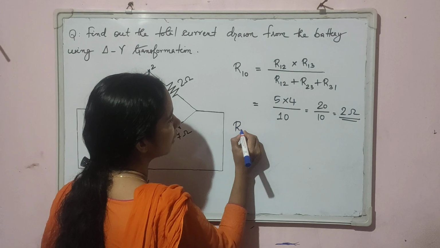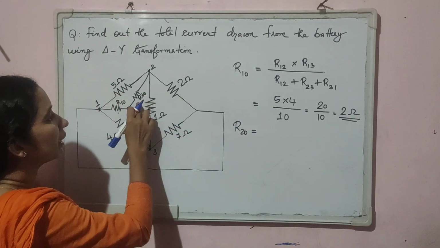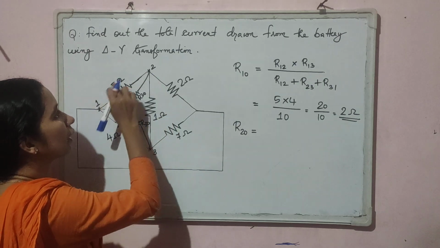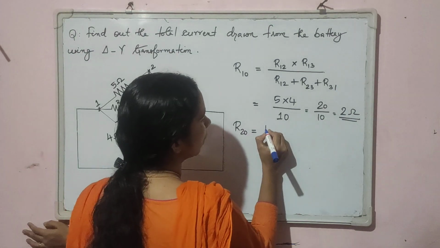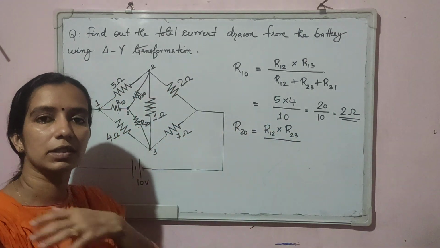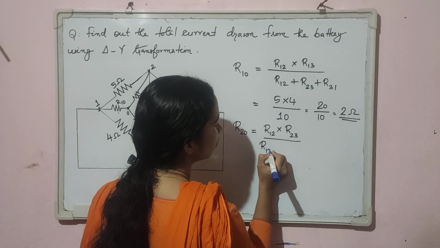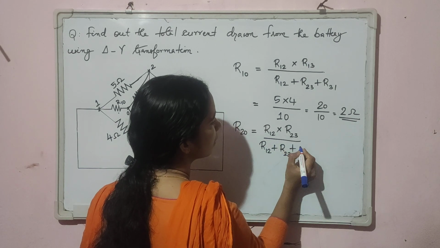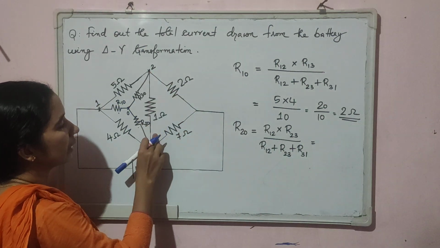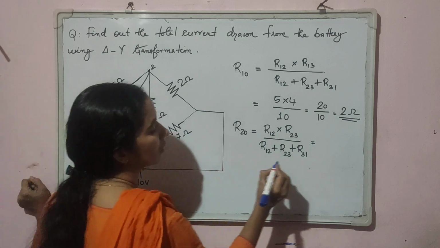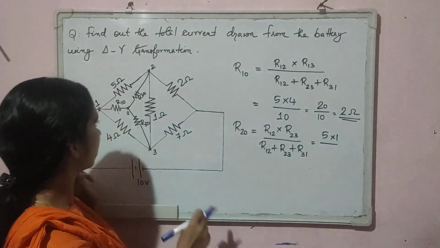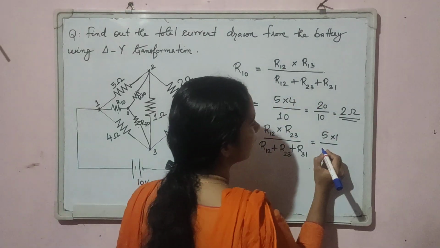Now let us calculate R20. The R20 will be equal to the product of the two resistors connected to terminal 2, that is R12 into R23, divided by the sum of all the resistors of the delta, R12 plus R23 plus R31, which is equal to 5 into 1, divided by 5 plus 1 plus 4, that is again 10.